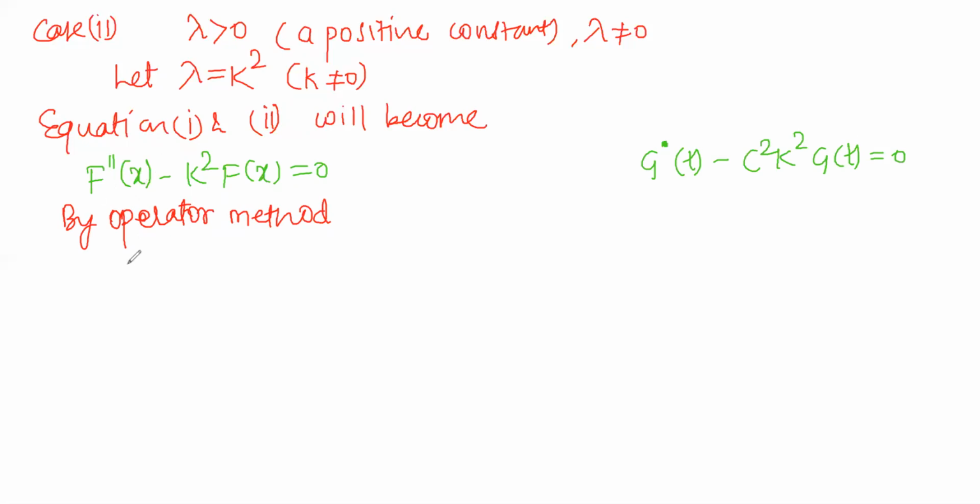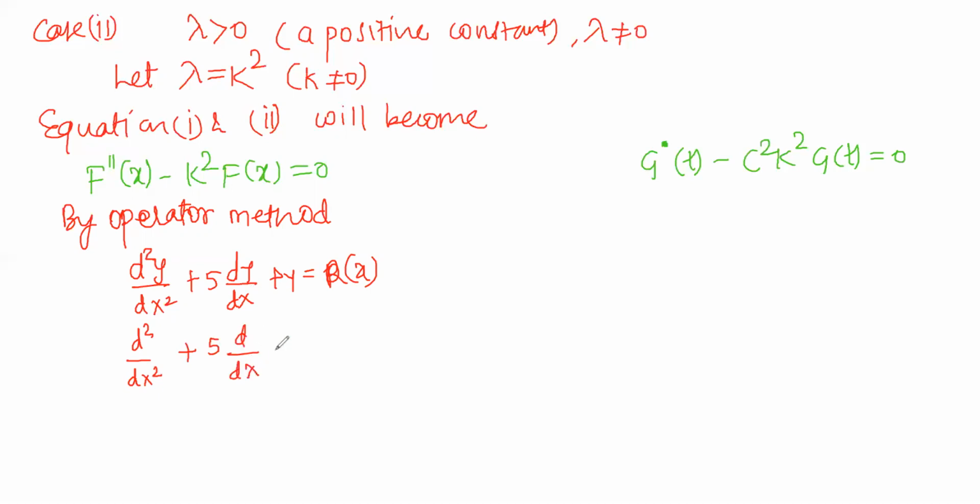I'm sure you must have studied the operator method. Let us say you get something like d2y by dx2 plus phi dy by dx plus y equals 0 or some r of x. Then you can simply write the same equation like this: d square upon dx2 plus phi d by dx plus 1 of y equal to r of x.